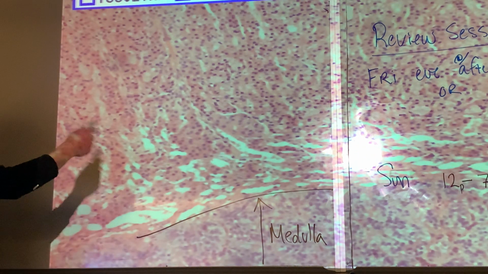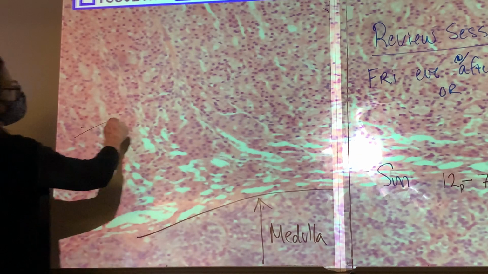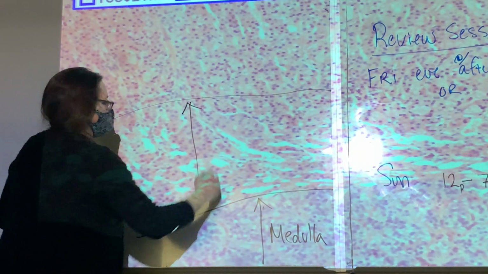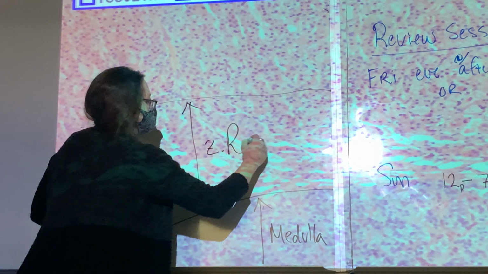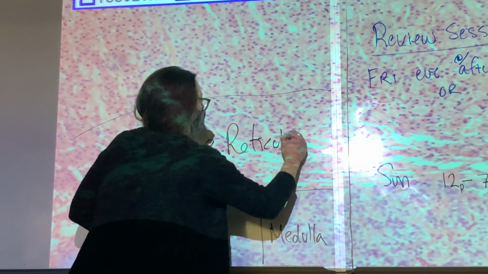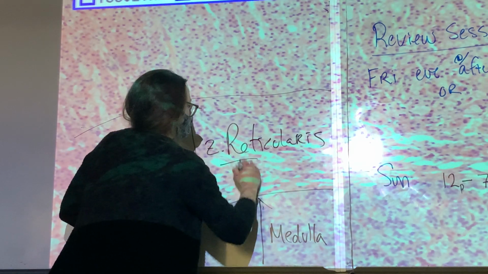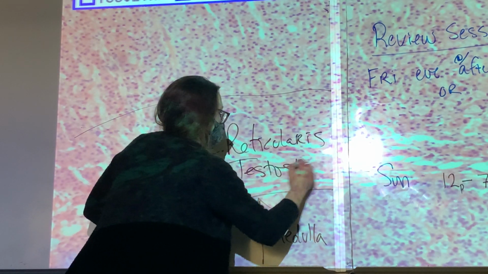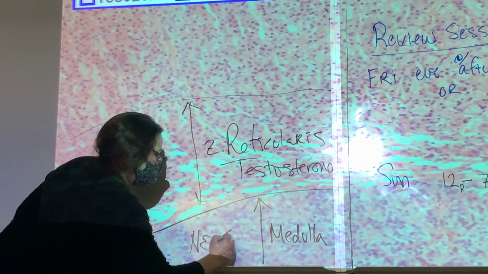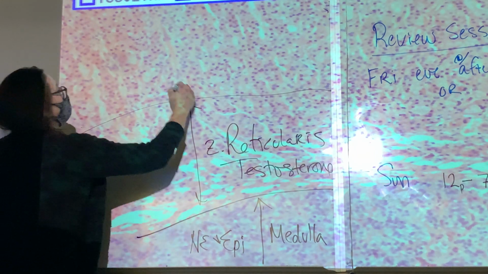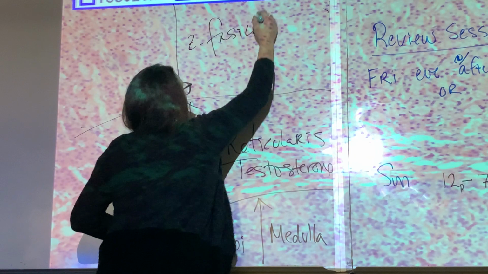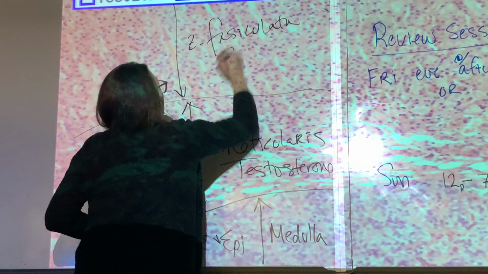Then reticularis is probably somewhere in there. Testosterone. Medulla is going to be norepinephrine and epinephrine. And then this is zona fasciculata. And that's cortisol.